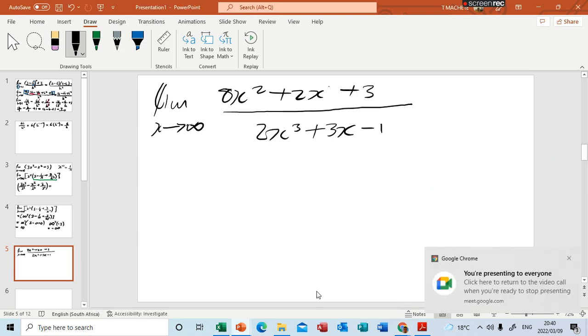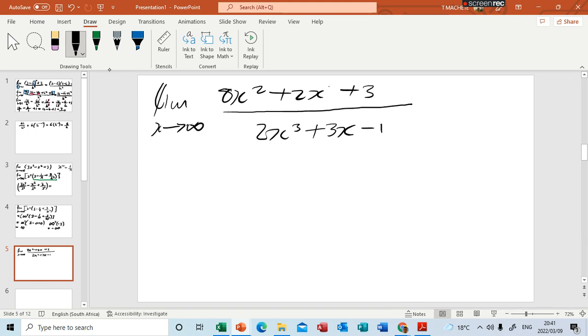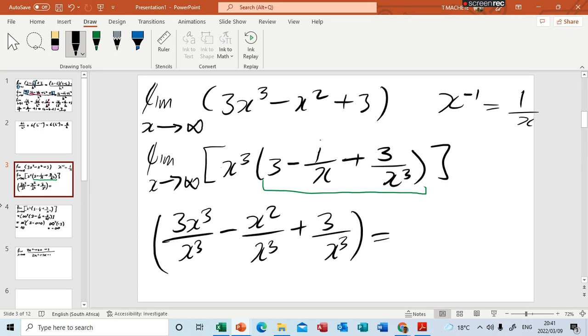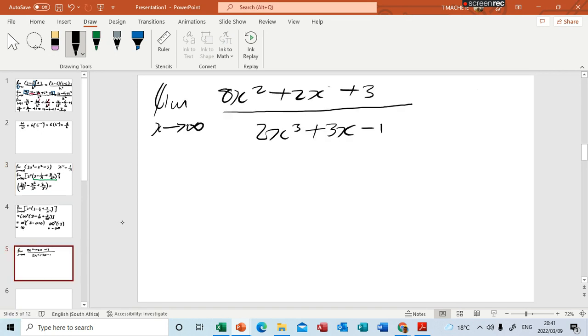Okay. So if you have something like this, this is what you do, guys. Take your highest power. You're going to divide everything by your highest power. Like I told you, if you see infinity, you divide everything by your highest power.